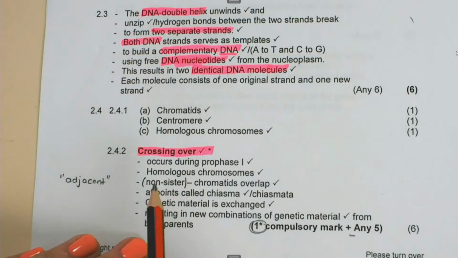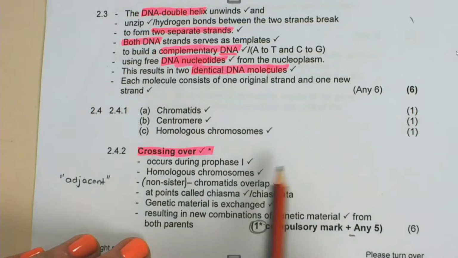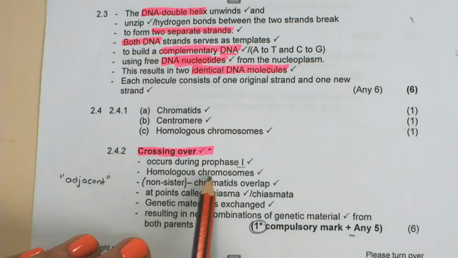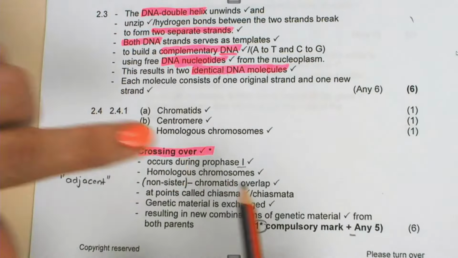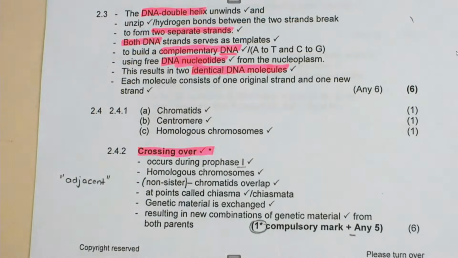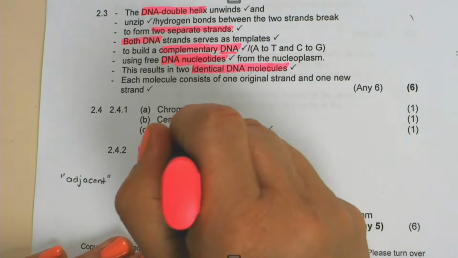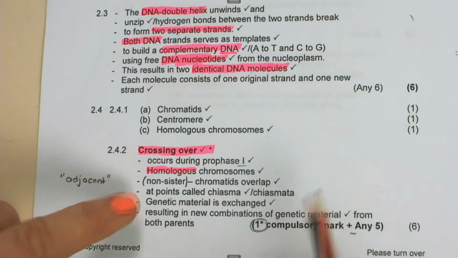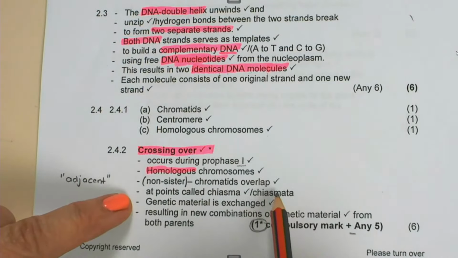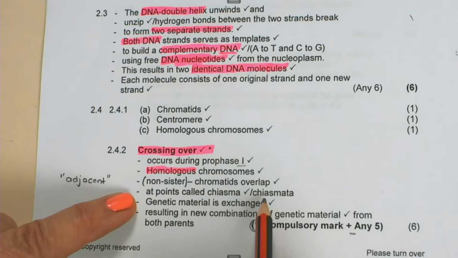So what happens during crossing over? During prophase 1, homologous chromosomes, not chromosomes. It must be homologous chromosomes. Overlaps at the chiasmata, or at the point called the chiasmata.